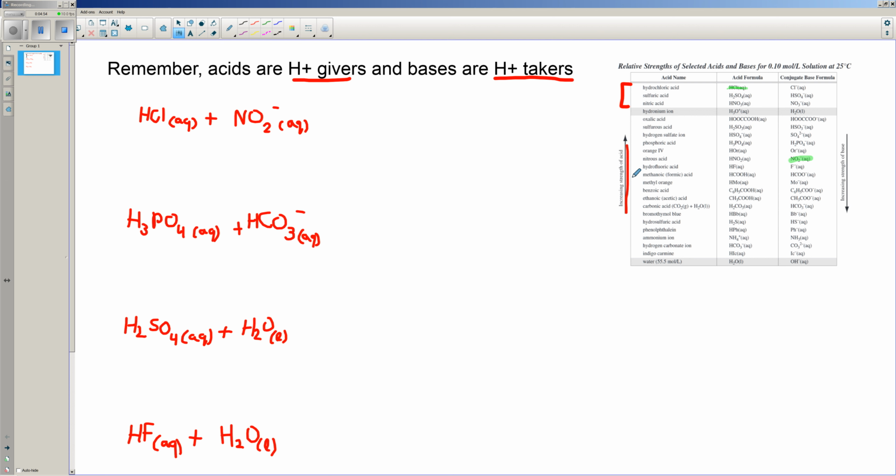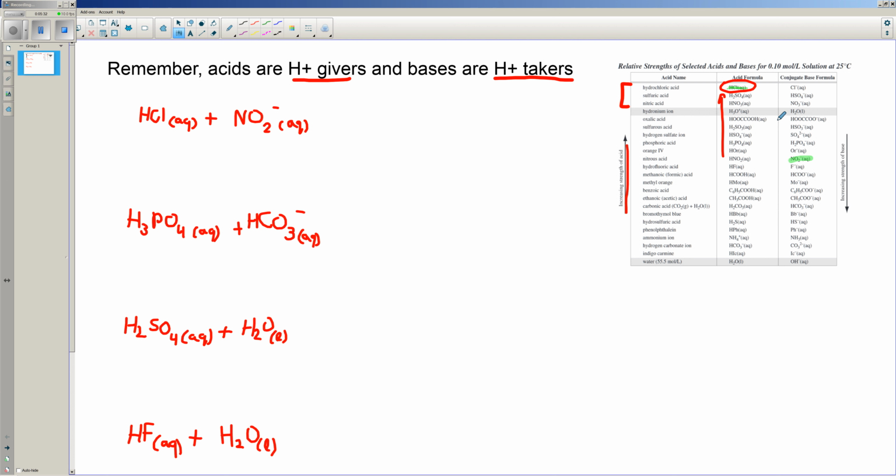That means that as you go up on the left side, the acid is stronger. Another way of saying stronger is that it gives away its little H plus much more vigorously. That's what strength means. It's better at giving away its H. So if we look at HCl, it's at the top of the heap. This is the king of H giver awayers. It's the best proton donor.